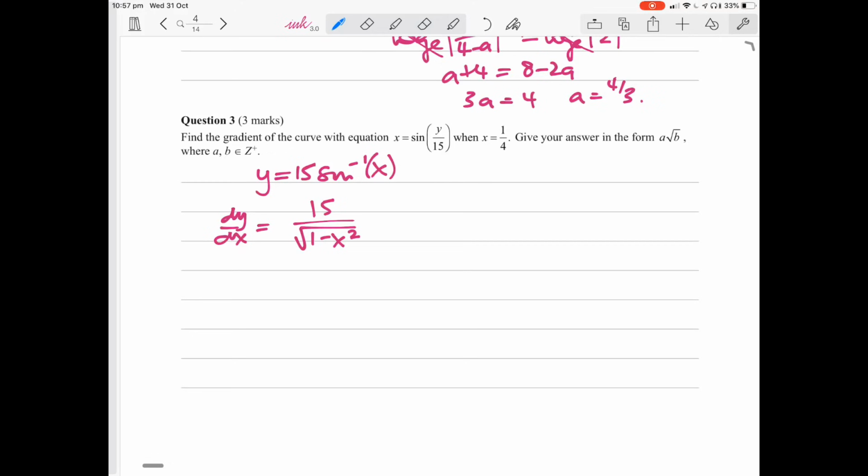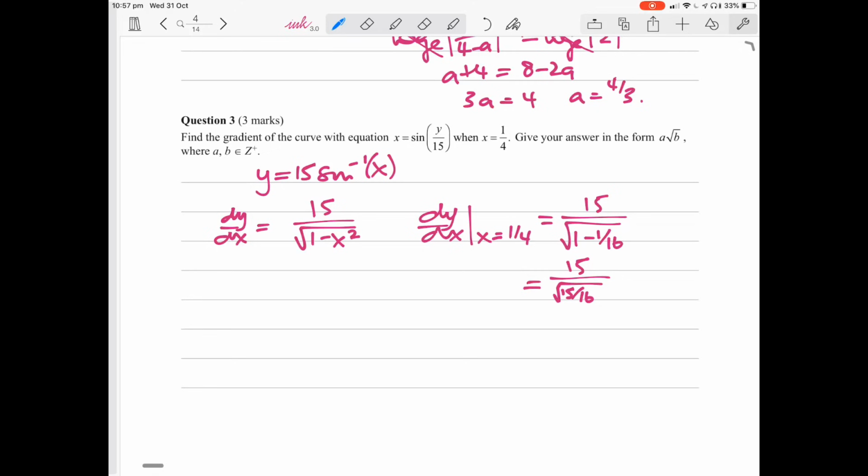Gradient of the curve, so dy dx, given x equals 1/4, is 15 on the square root of 1 minus 1 on 16, which is 15 on square root 15 on 16.